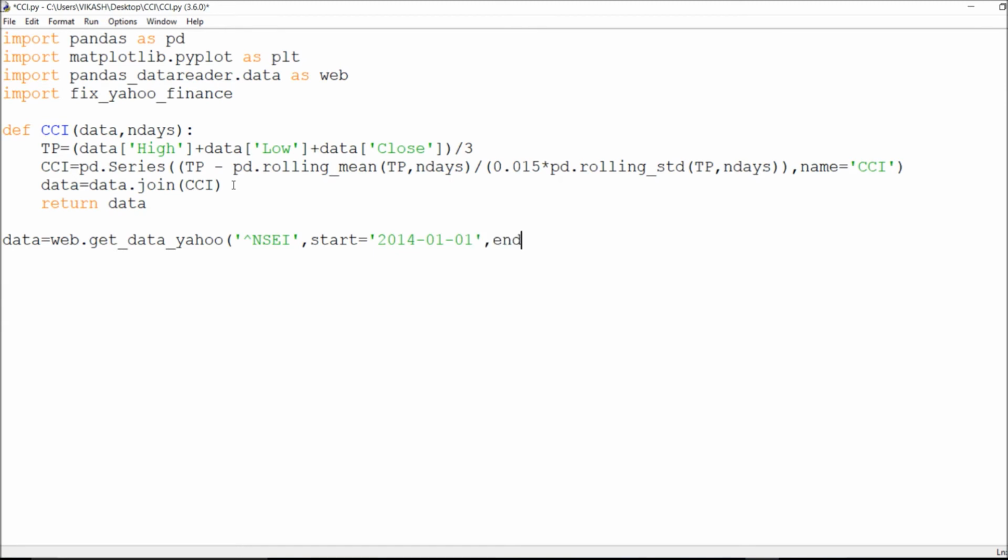Up to July 24th I need the data, and I need it to be in a data frame.